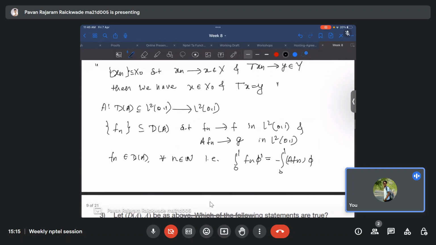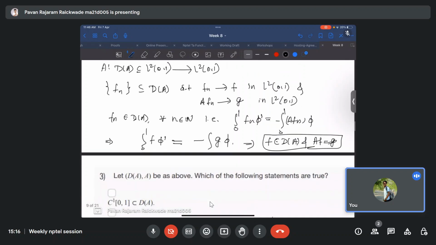Now if you apply the dominated convergence theorem here, because Fn goes to F pointwise, we directly get this. So by the definition of the domain of A, F belongs to the domain of A and AF equals G. This is just a straightforward application of the dominated convergence theorem. There is nothing in detail here. You can just look for it again.